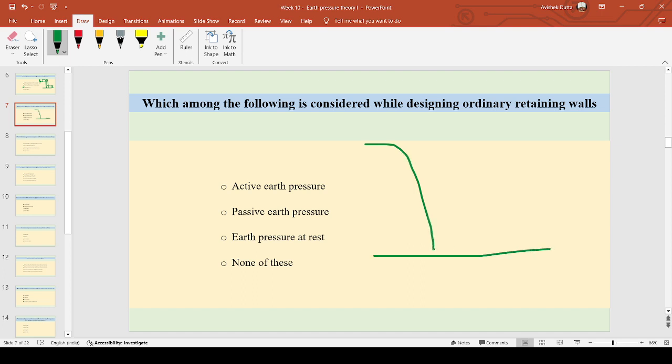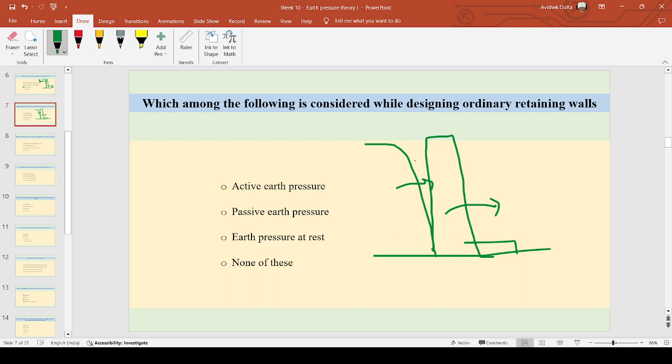Obviously, because when you are designing retaining walls, we are concerned about the force that will be experienced on the wall by the backfill, isn't it? When you are designing retaining walls, we are designing them to support the soil.